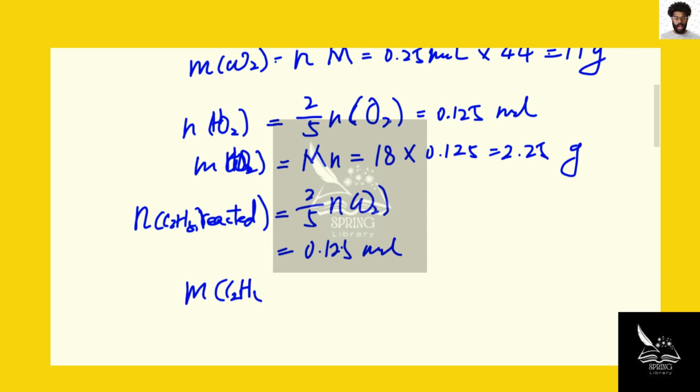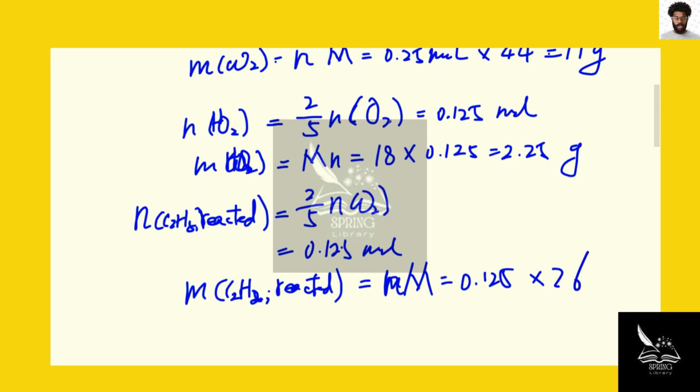The mass of the reacted one equals moles times molar mass, so it's 0.125 times 26, which equals around 3.25 grams.